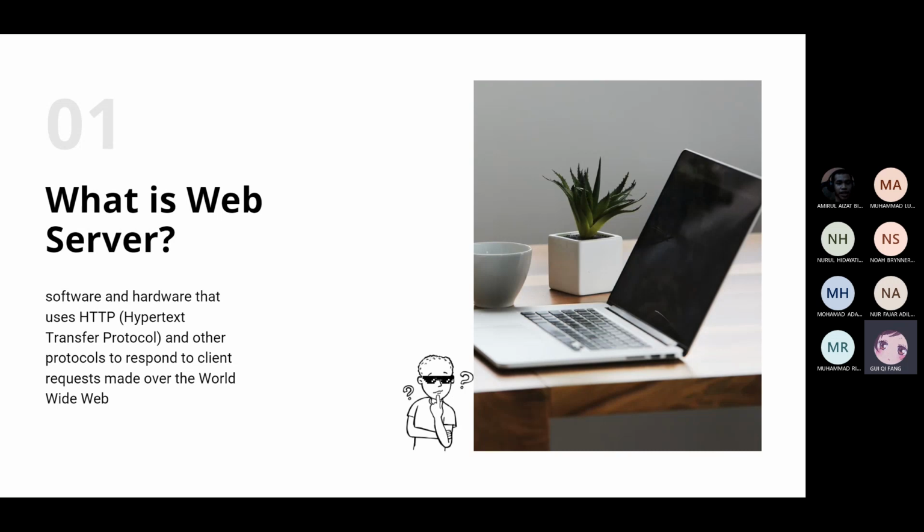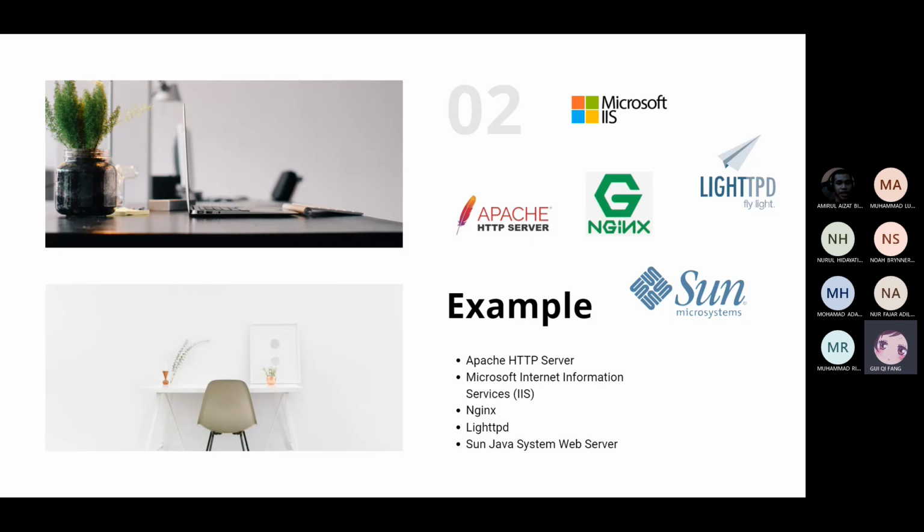The web server hardware is connected to the internet and allows data to be exchanged with other connected devices, while the web server software controls how the user accesses the hosted files. Examples of web servers are Apache HTTP Server, Microsoft Internet Information Services (IIS), NGINX, Lighttpd and Sun Java System Web Server.